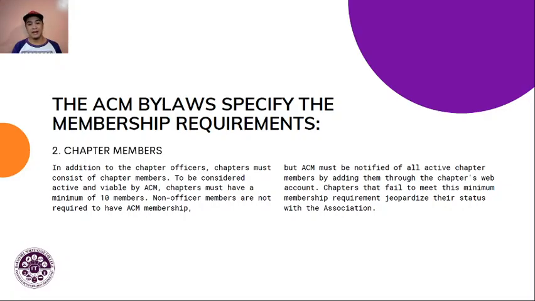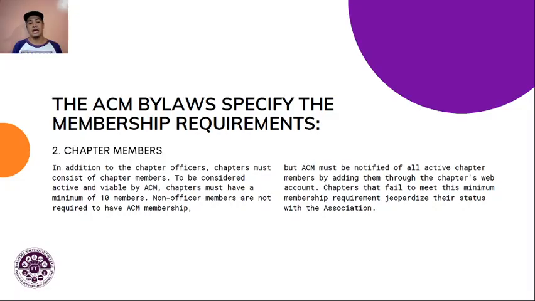In addition to the chapter officers, chapters must consist of chapter members to be considered active and viable by the ACM. So again, for us to say that a certain chapter or group is viable or functional, there has to be members. It would be pretty much useless if you don't have the people inside you, right?